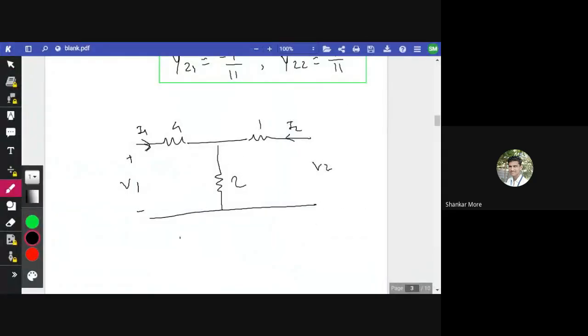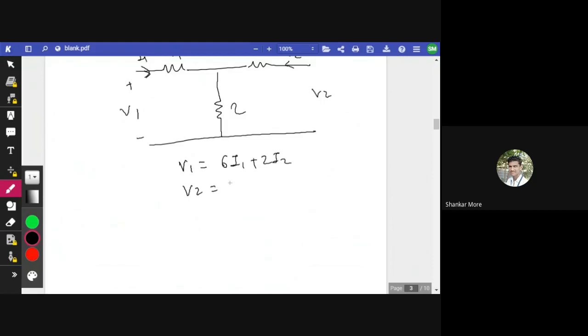V1 is equals to 6I1 plus 2I2, and V2 is equals to 2I1 plus 3I2.